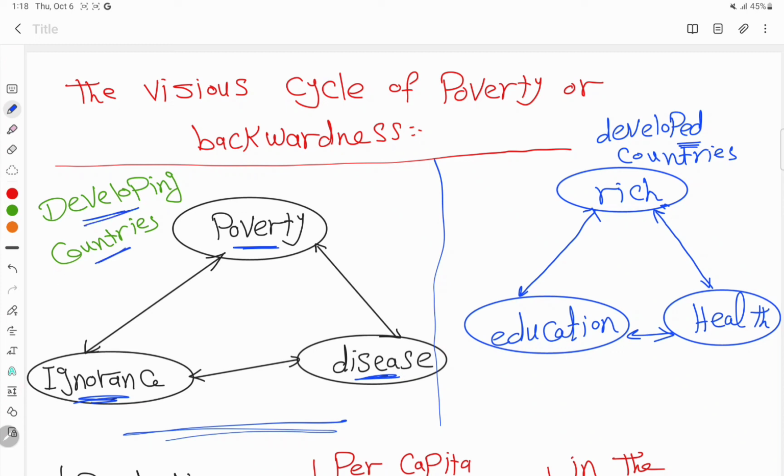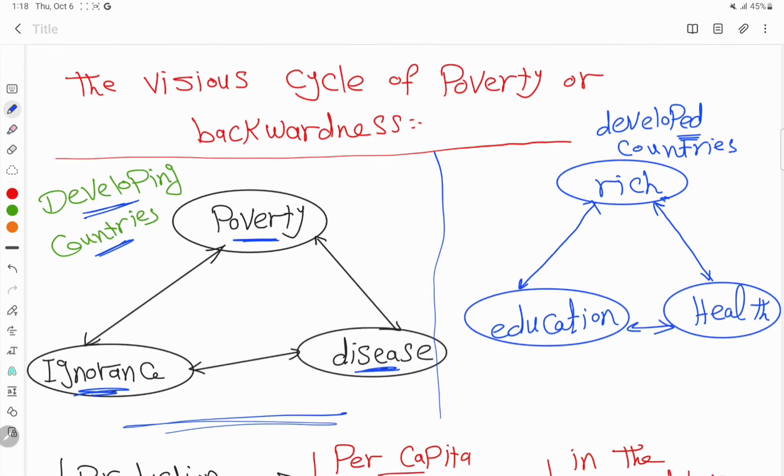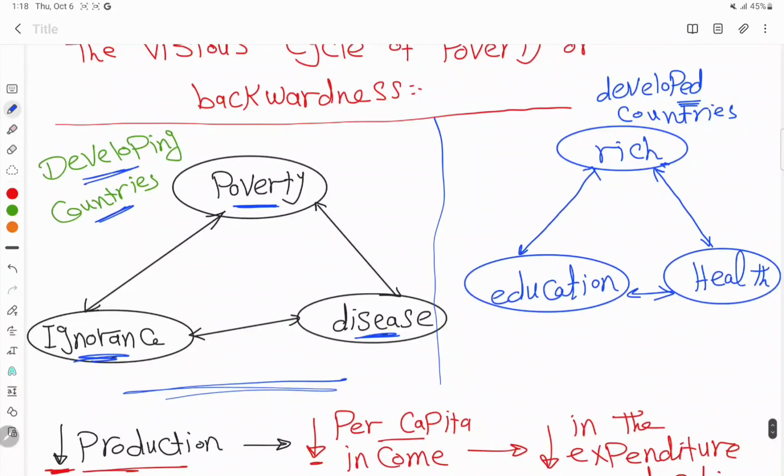So in developing countries, a decrease in production leads to a decrease in per capita income, and then an increase in poverty, ignorance, and disease.